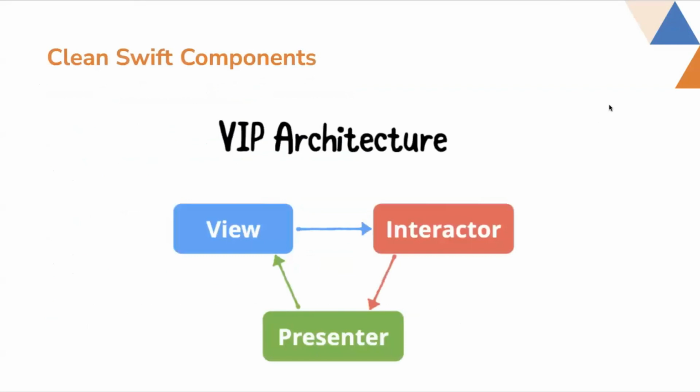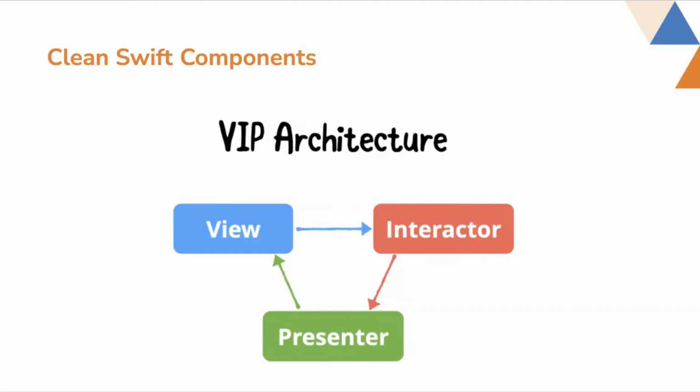So the main components of this architecture are the view, interactor, and presenter. We'll see this in the VIP architecture, in a clean Swift manner, as a clean architecture. It establishes one-way communication between view, interactor, and presenter.